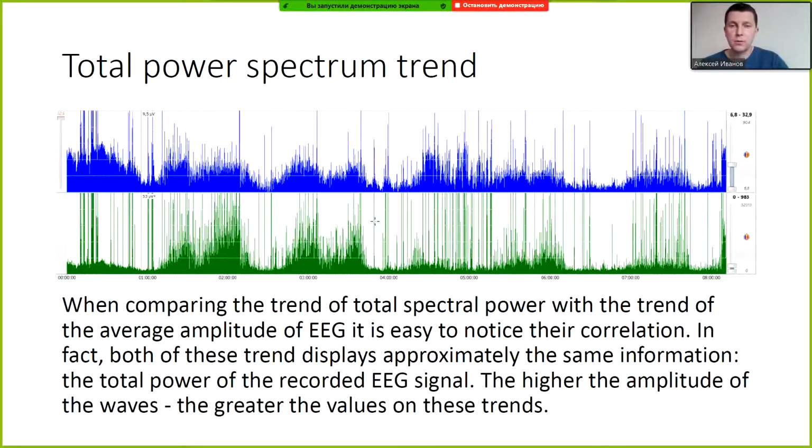This trend is also well correlated with the average EEG amplitude trend. You can see here on the top the EEG average amplitude trend, and on the bottom the total power spectrum trend. We can clearly see that these two trends are quite well correlated because they show quite the same information: where the EEG amplitude was bigger and where it was smaller.